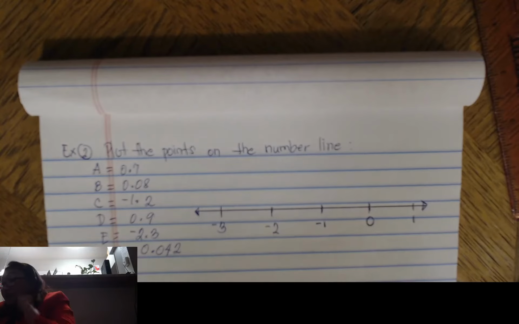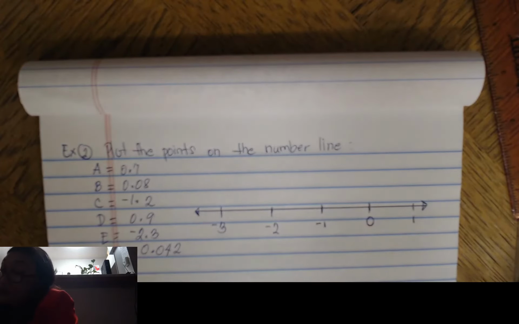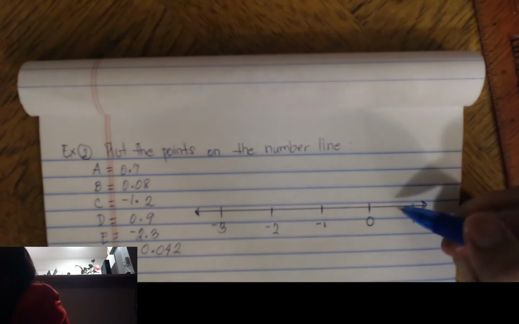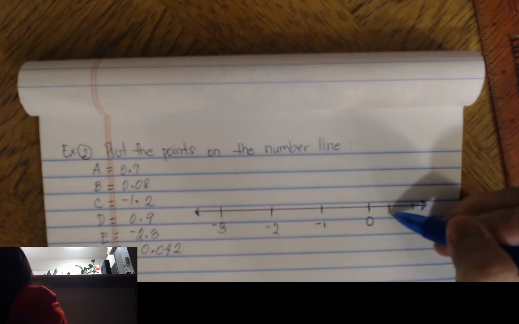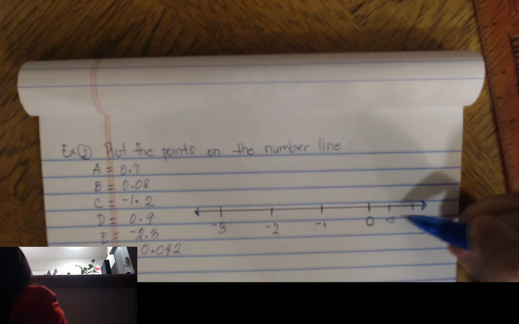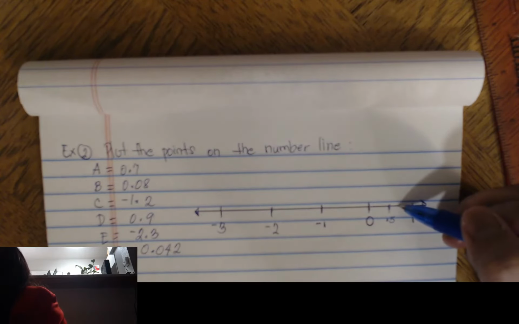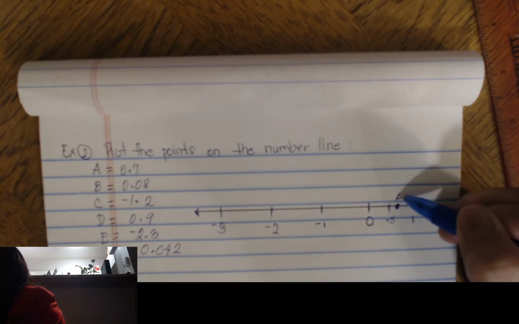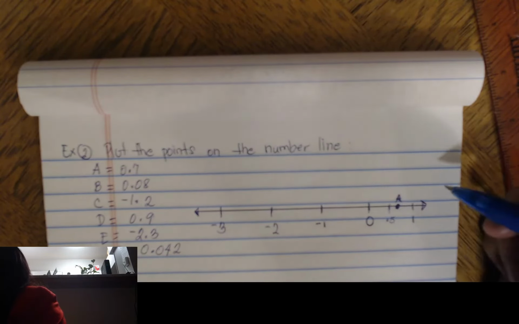Okay, now plotting of points. Well, 0.7, I know 0.5 is right here. Well, 0.7 will be maybe right here. So this will be point A. This is approximations, okay?